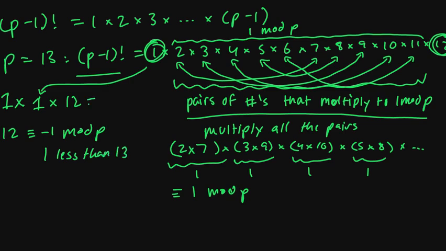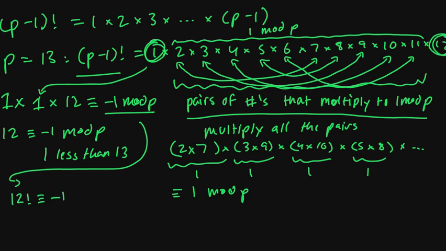So this is congruent to negative 1 mod p. Therefore, in this specific case, specifically we have 12 factorial, that is congruent to negative 1 mod p.